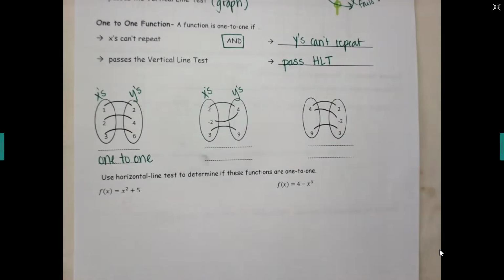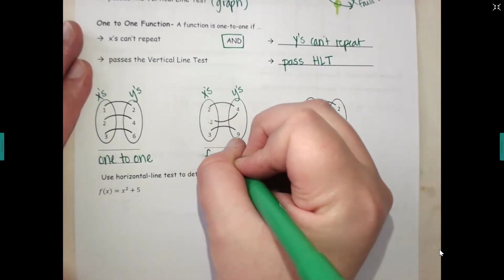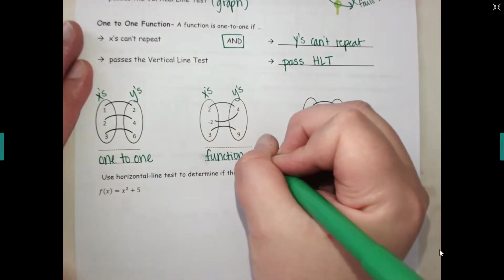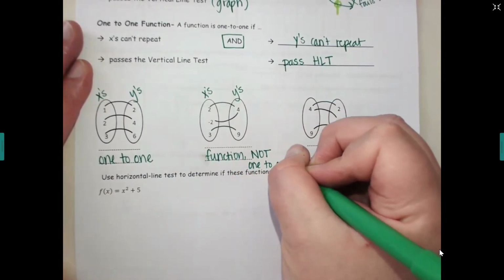I have 2 different numbers that are both mapping to 4. That means that 4 is an answer twice. That counts as a repeat. So I want you to put here that your x's are good, that it's a function, but it's not considered one-to-one.